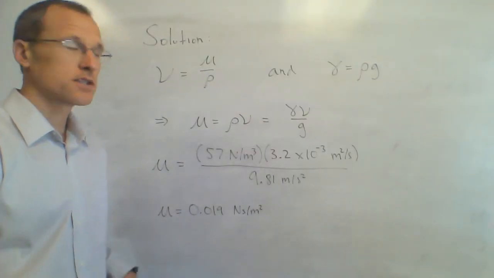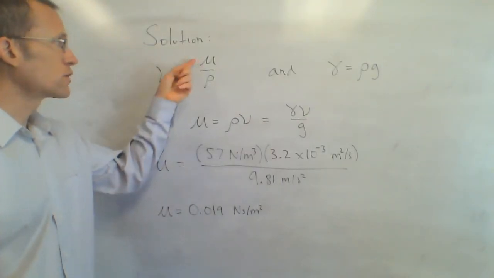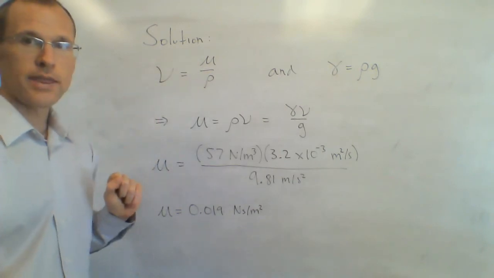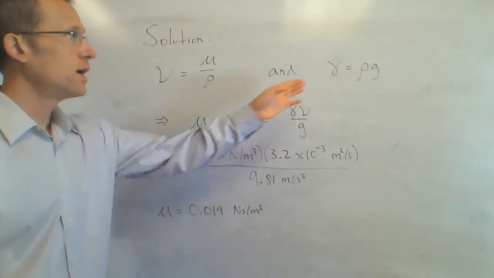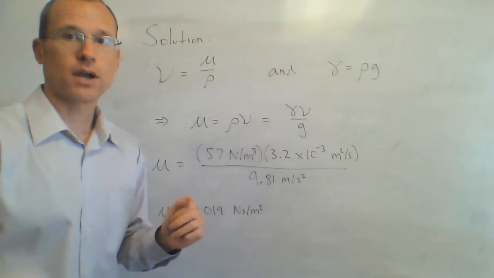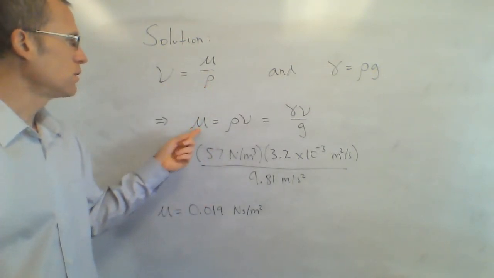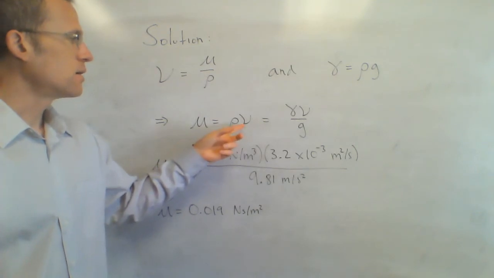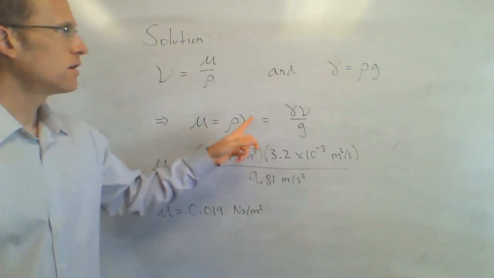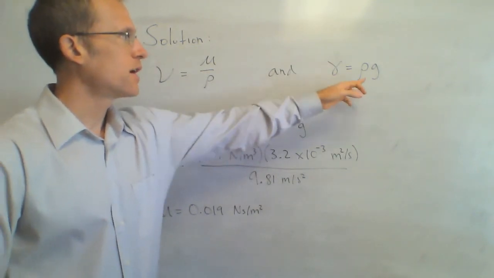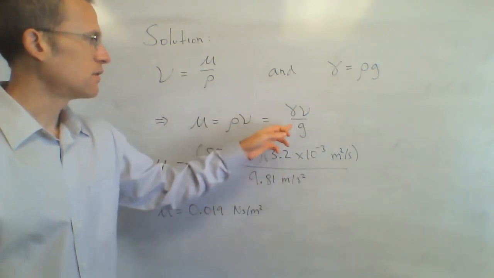We know that kinematic viscosity, nu, is regular viscosity, mu, over rho. And then we also know specific weight is density times gravity. Combining these two and rearranging, mu is density times kinematic viscosity, but then density is gamma divided by g.